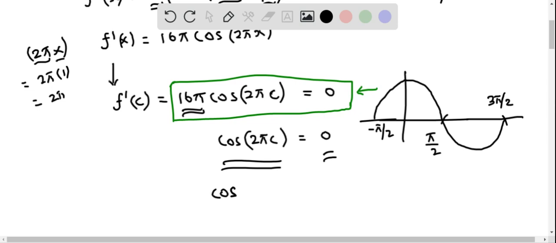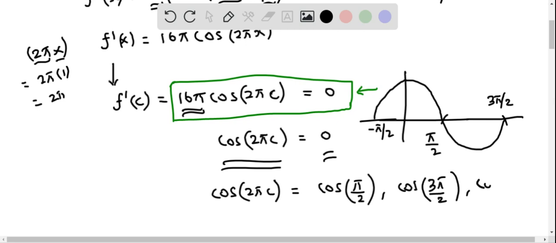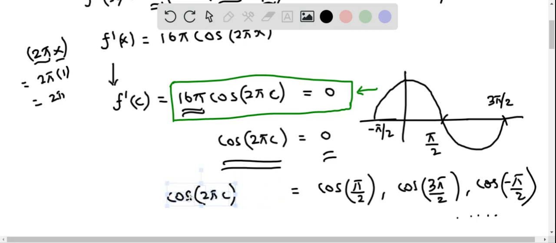So we can say that cosine of 2 pi c is 0 for pi by 2, 3 pi by 2, and also negative pi by 2, and it just keeps continuing. For all these values, it is 0.